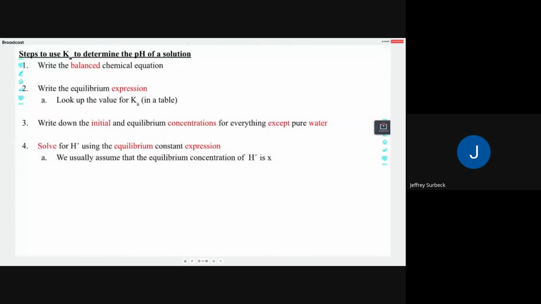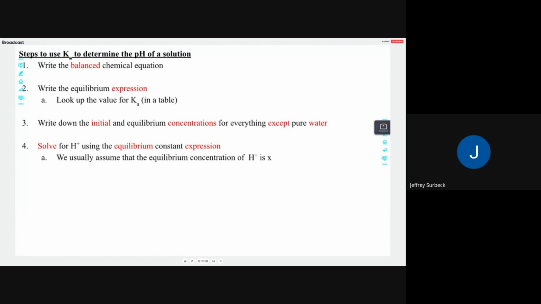All right, let's write these steps down here, and then let's talk about polyprotic acids, and we will save the polyprotic example for a different day. Okay, so using Ka to determine pH.